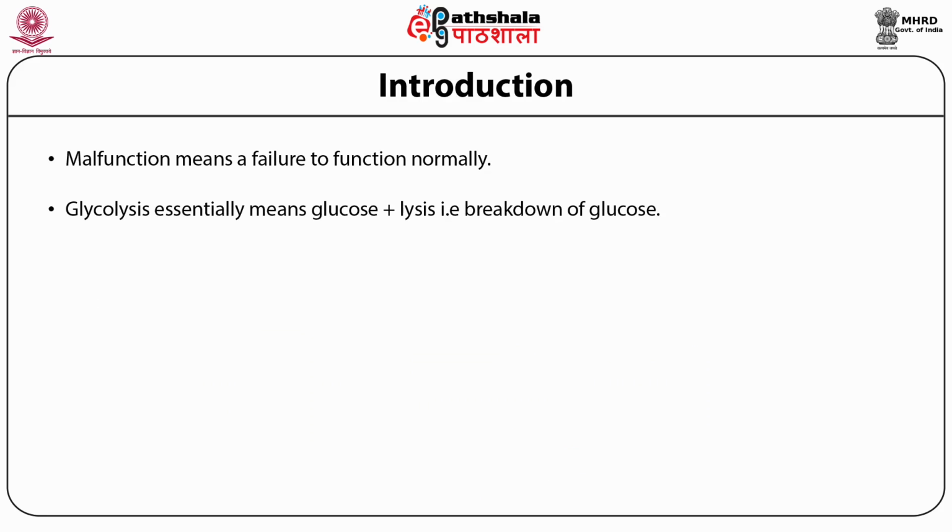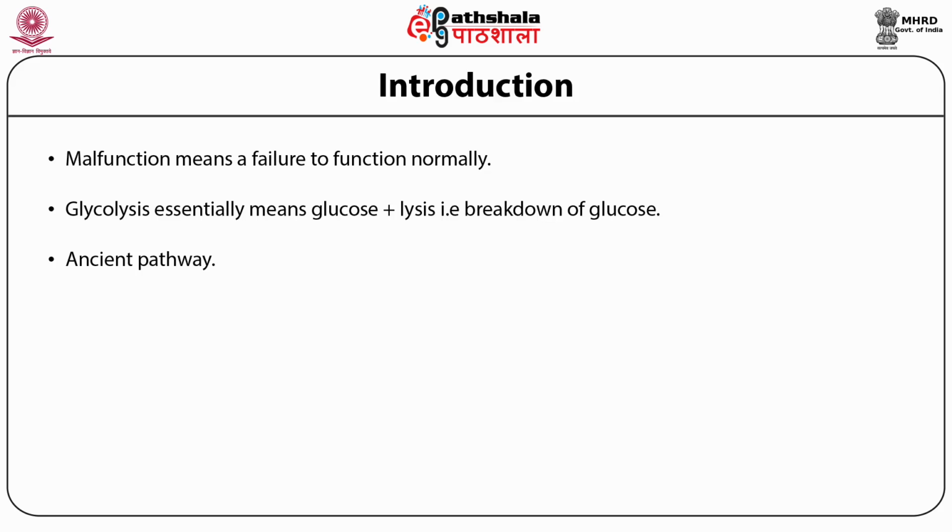Glycolysis essentially means gluco plus lysis, that is the breakdown of glucose. Gluco means sweet, while lysis means breakdown. This is one of the most ancient pathways known to humankind.